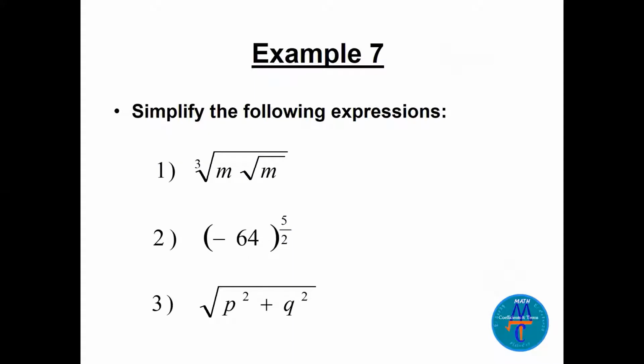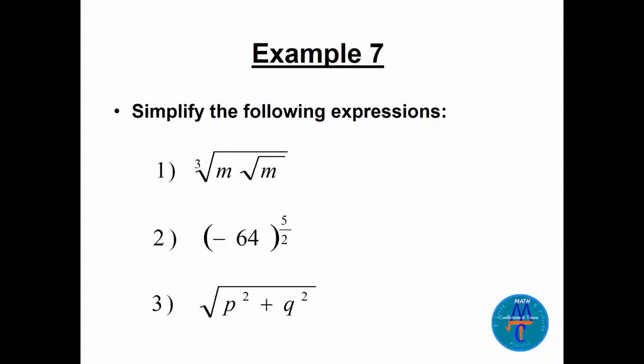Let's see more examples. The first one actually is tricky: cube root of m times square root of m. Can you tell me the answer, please? Cube root of m times the square root of m.